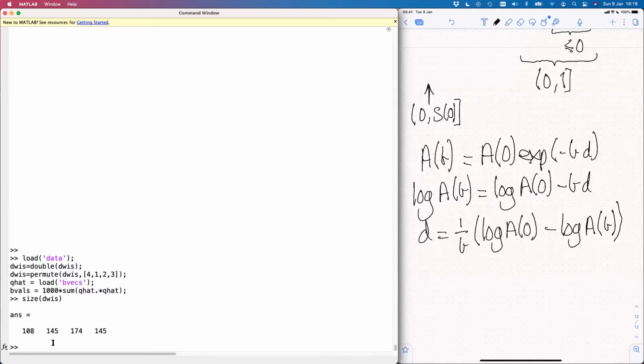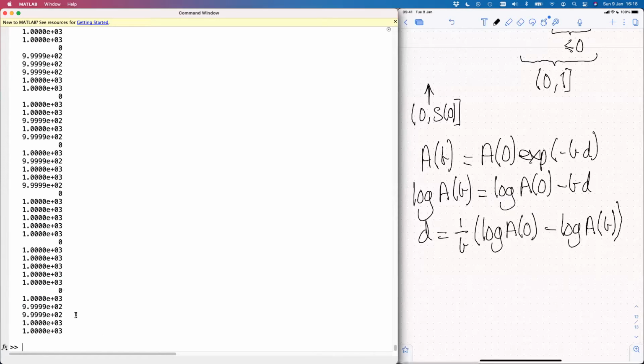So this array B-vals contains the B value that was used for each one of these 108 images. Let's just have a look at it. So there it is.